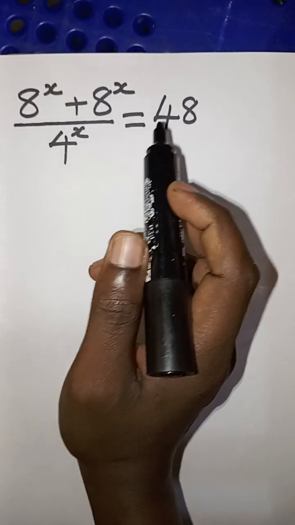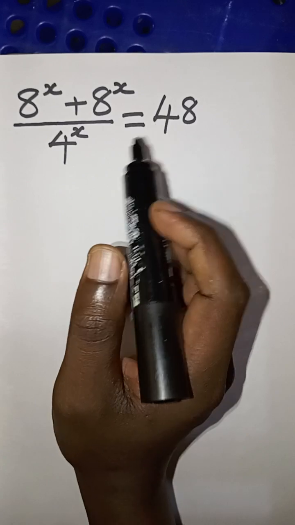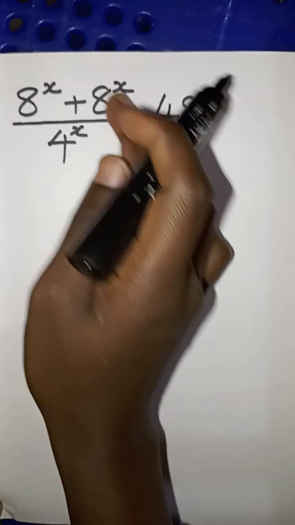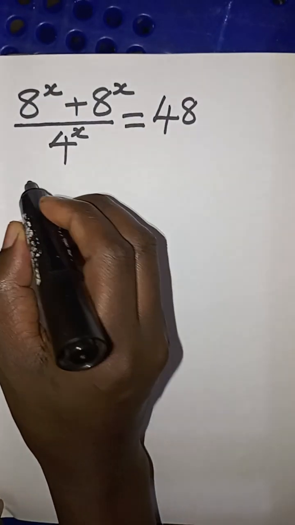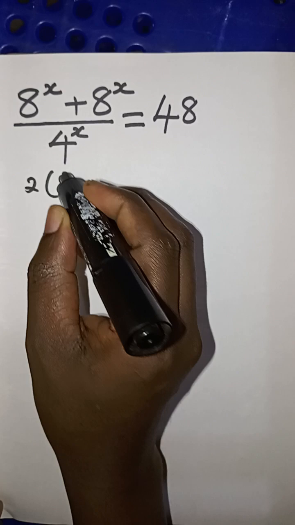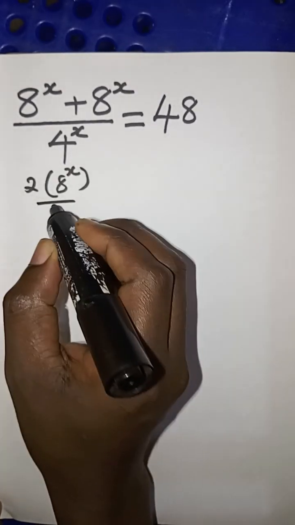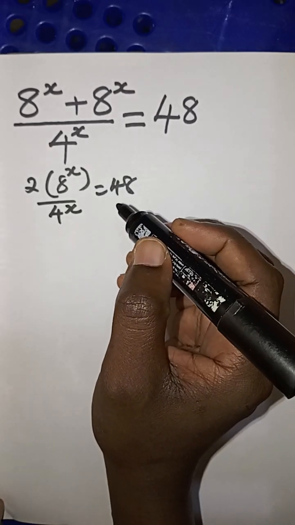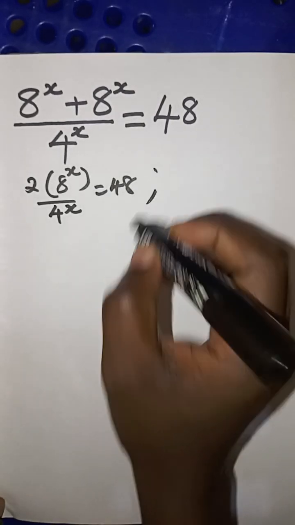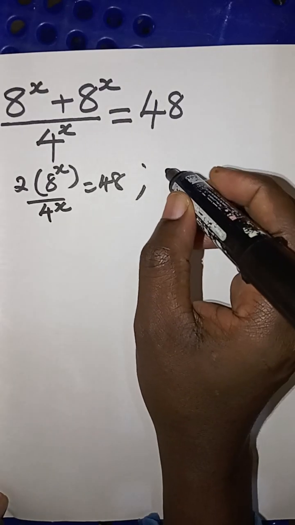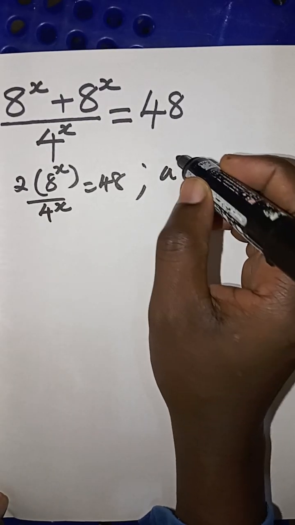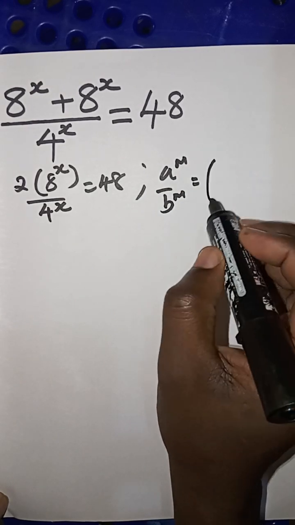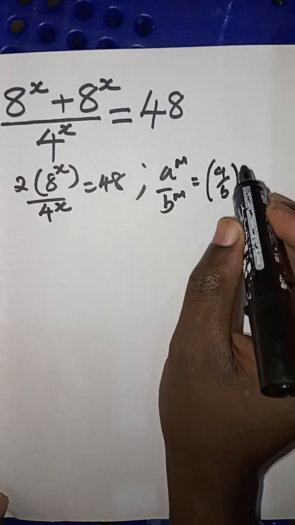So the value of x can be gotten by, first, combining 8 raised to x plus 8 raised to x, to get 2 times 8 raised to x over 4 raised to x is equal to 48. Using the laws of indices, if you have a raised to m divided by b raised to m, then this can be simplified as a over b, all raised to m.